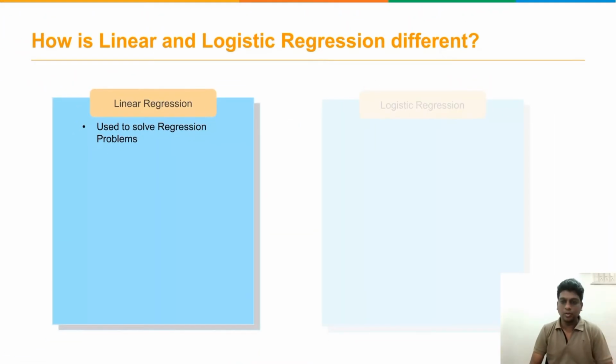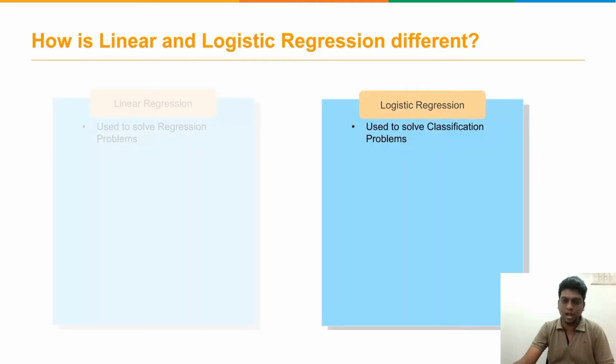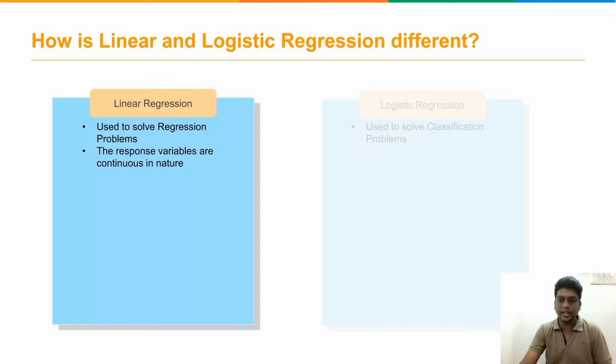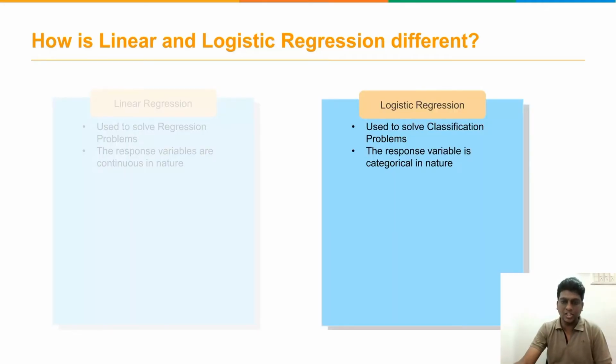How are both different from each other? Linear regression normally helps to solve regression problems, while logistic regression helps to solve classification problems. The variables are continuous in nature in linear regression, but in logistic regression they are categorical in nature, based on specific categories.